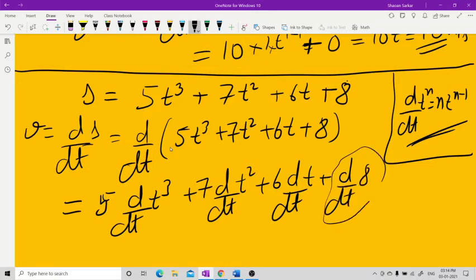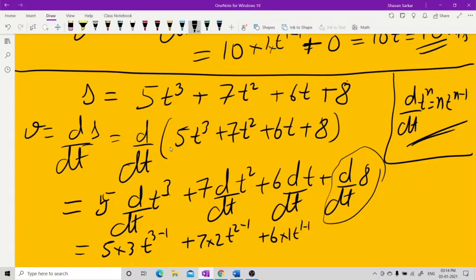This is a constant, so this will become 0. Use this formula: 5 into 3t^(3−1) plus 7 into 2t^(2−1) plus 6 into 1t^(1−1) plus 0.